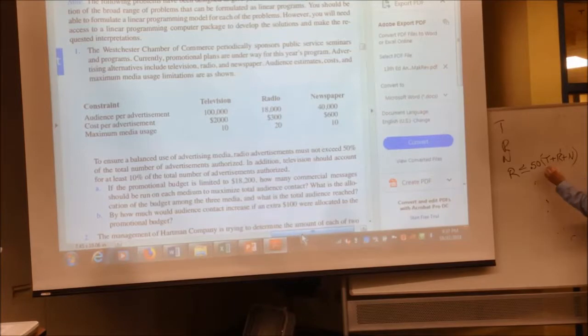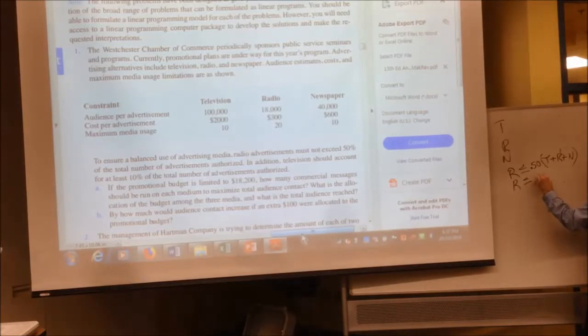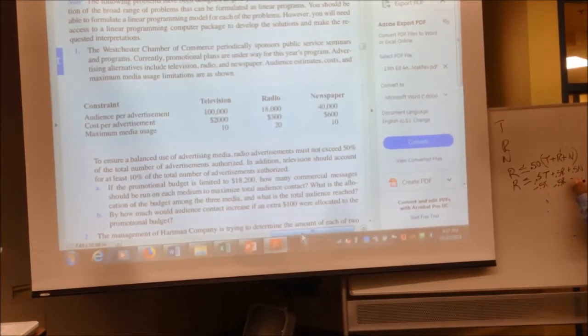So I'm going to use math to turn these all into individual variables on their own, and I get R is less than equal to 0.50 T plus 0.5 R plus 0.5 N. And that's it on the right side. I'm going to subtract 0.5 T from both sides, 0.5 R from both sides, and I'm subtracting 0.5 N from both sides.